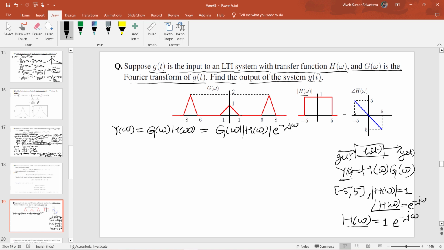Once you multiply these two factors, you will get a new distribution, which I am defining by a factor of x of omega, into e raised to the power minus j omega.